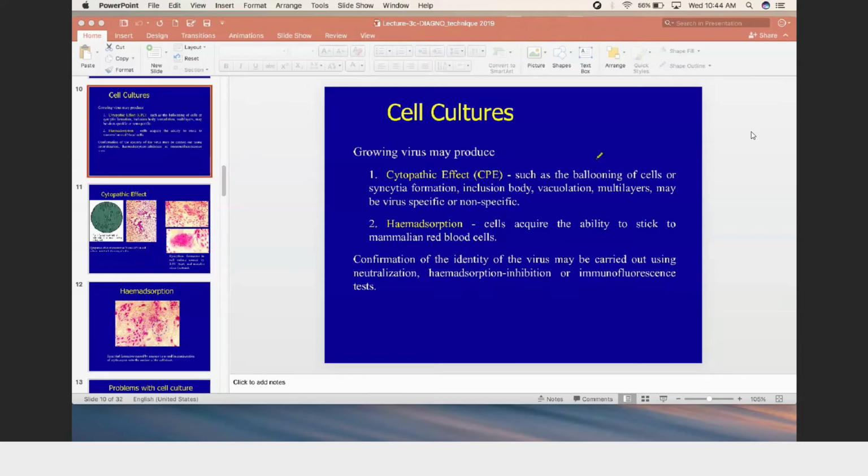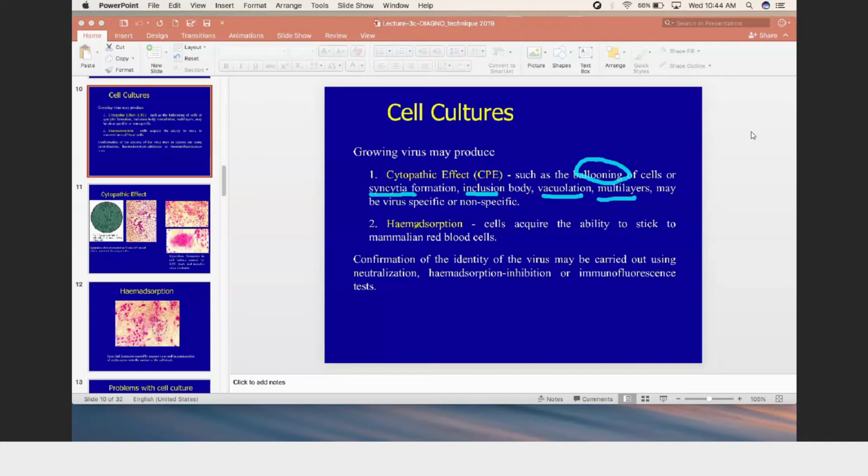What you're going to see, for example, is ballooning, the cell becomes rounded, syncytial formations, because the cells actually fuse together, 2, 3, 4, 5 cells fuse together and become multi-nucleated cells. So we call it a syncytial cell. Or the formation of inclusion bodies, or formation of vacuoles inside the cytoplasm. The cell is not growing as a monolayer anymore, it becomes multi-layer. Okay, and it can be very specific, it can be non-specific.